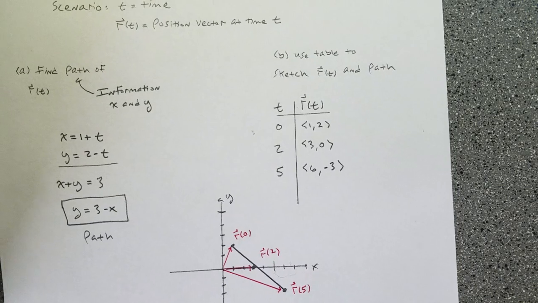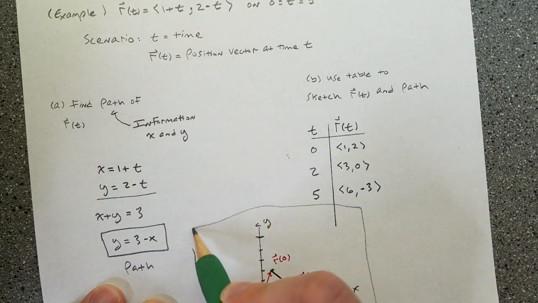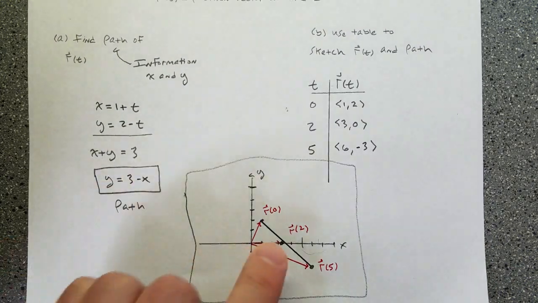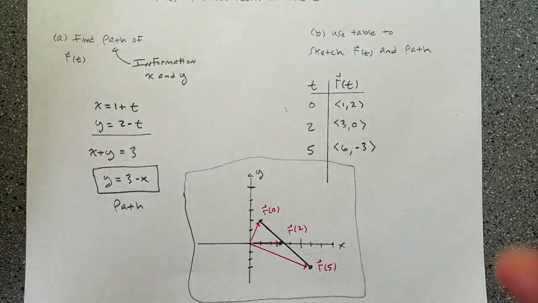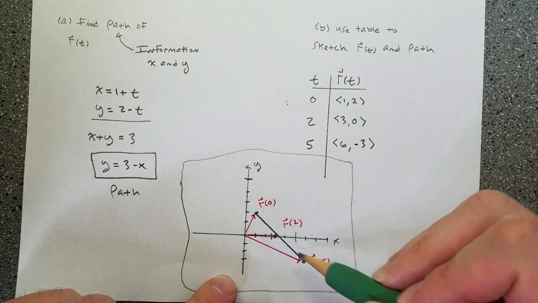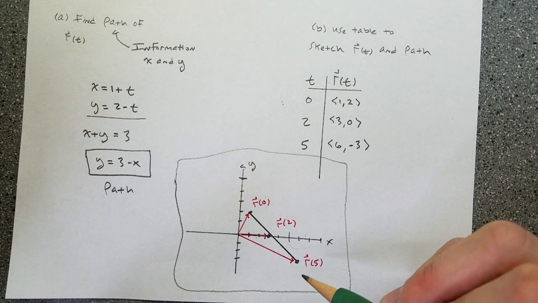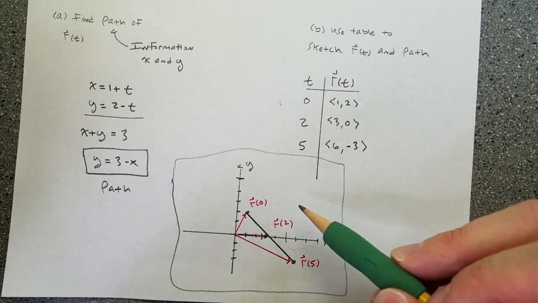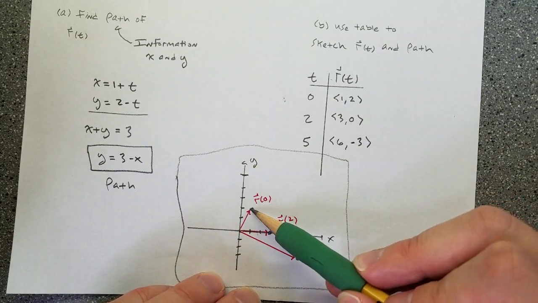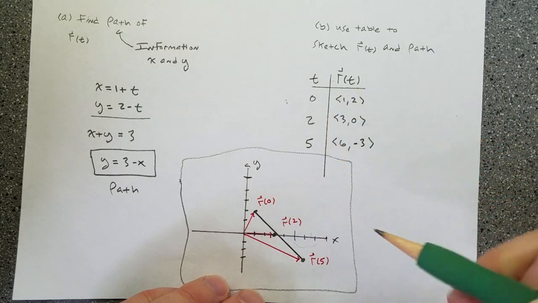So as far as answers, there's the answer to A, the path, and then here's the answer to part B, which is to give a little sketch about what the motion would look like. Another thing that we do is, in pencil there's the actual path, and you can get a little bit of a feel for the speed of the object, because it took 2 seconds to get from here to here, and 3 seconds to get from here to here, because that's 0, 2, 5.